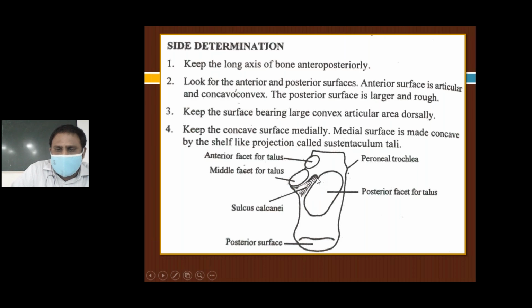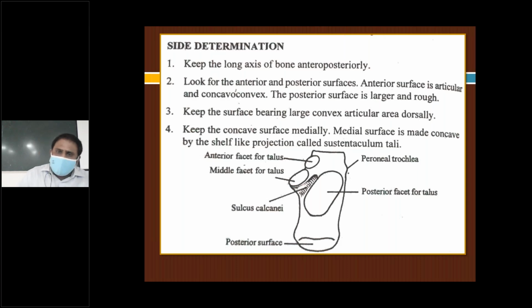This is the superior portion. It is the posterior surface. Keep the long axis of the bone anteroposteriorly and look from the anterior and posterior surfaces. The anterior surface is an articular surface, concavoconvex. The posterior surface is large and rough.